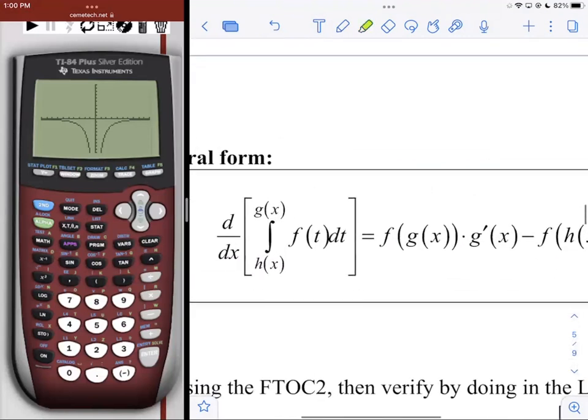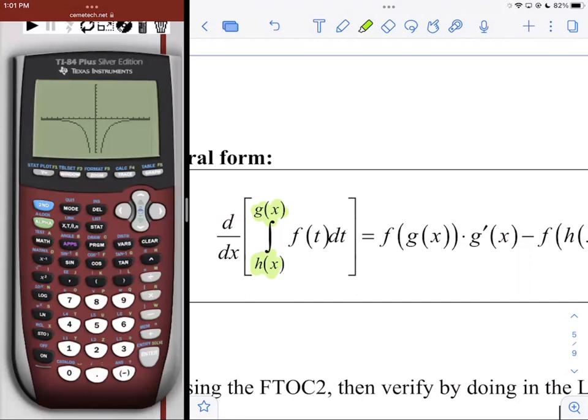In general, if we're taking the derivative with respect to x, and we're going from a function of x to a function of x, so that could be like from x squared to e to the x, doesn't have to be a number to x of f of t dt. Well, guess what? It's going to be like a combination of the first and second rule.